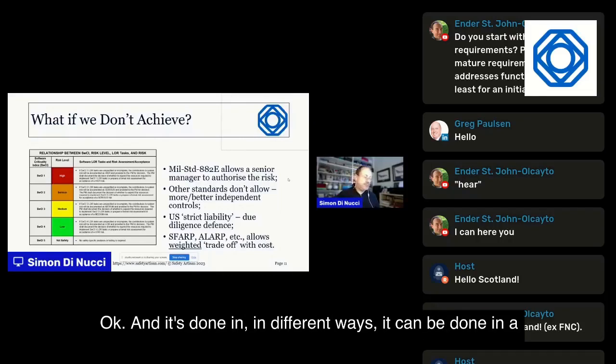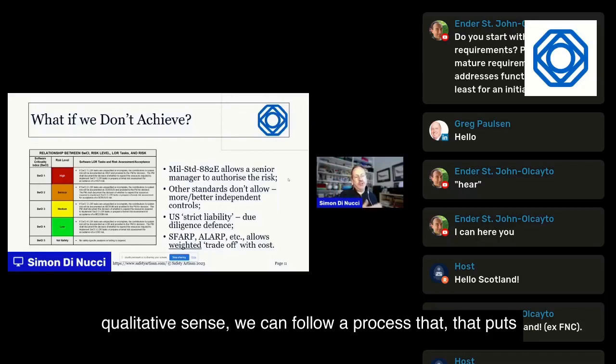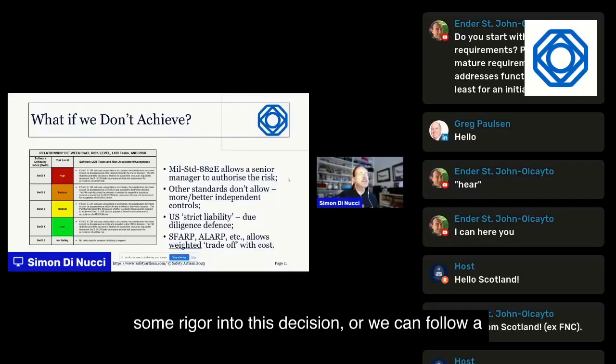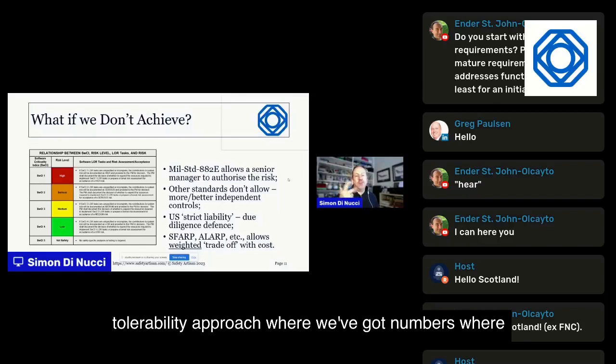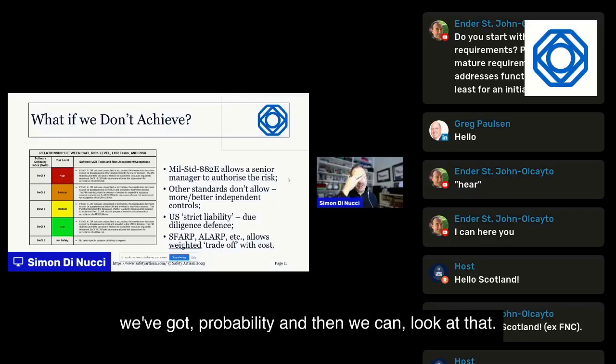And it's done in different ways. It can be done in a qualitative sense. We can follow a process that puts some rigor into this decision, or we can follow a tolerability approach where we've got numbers, where we've got probability, and then we can look at that.